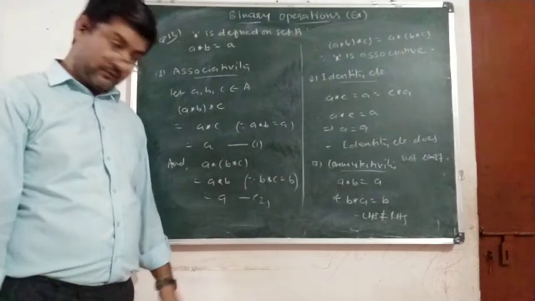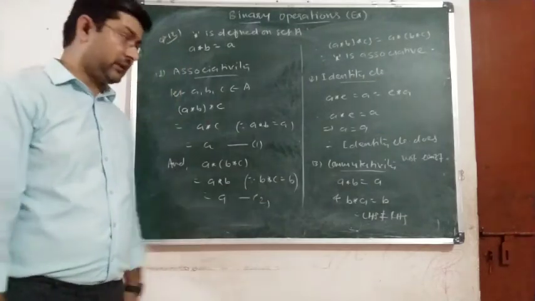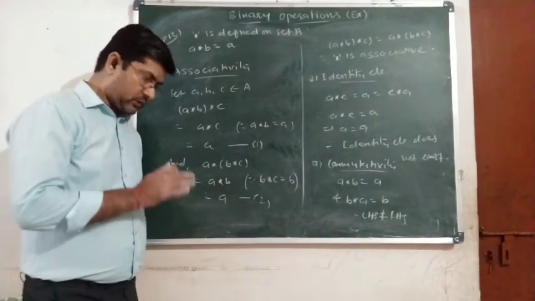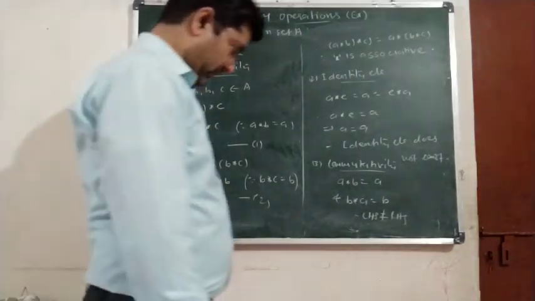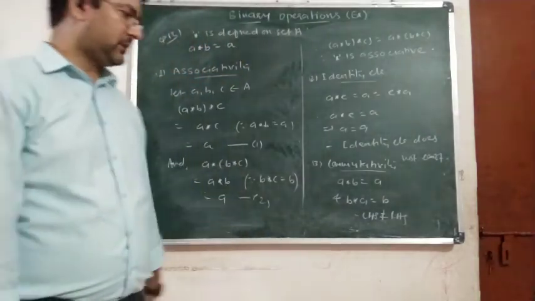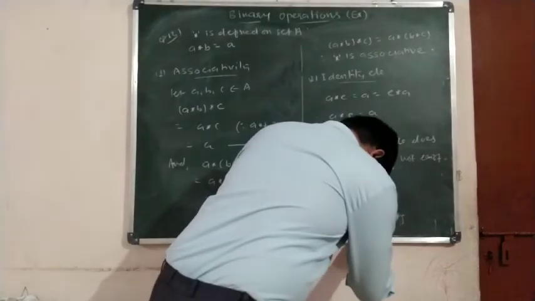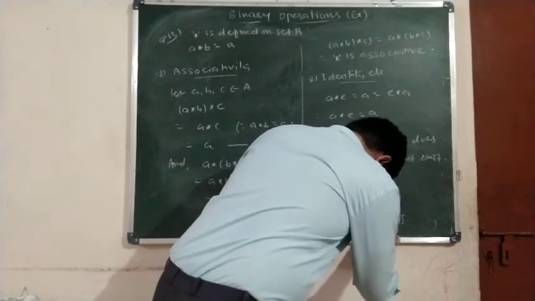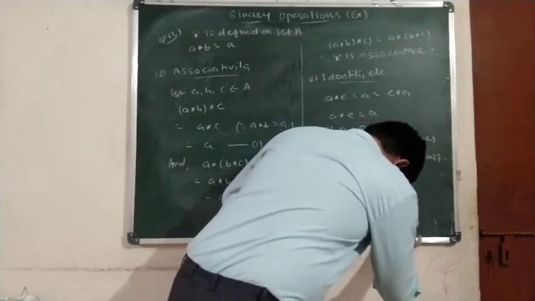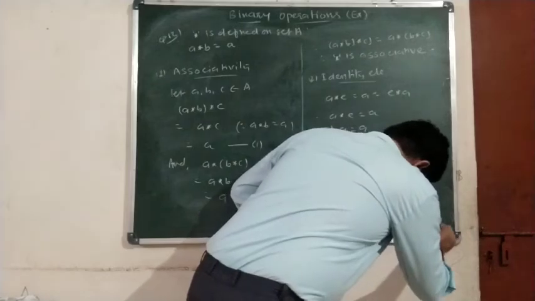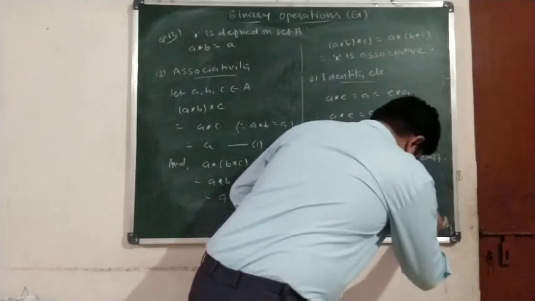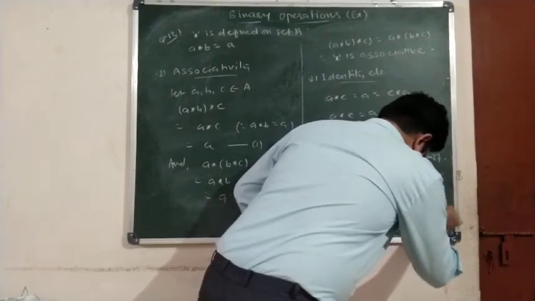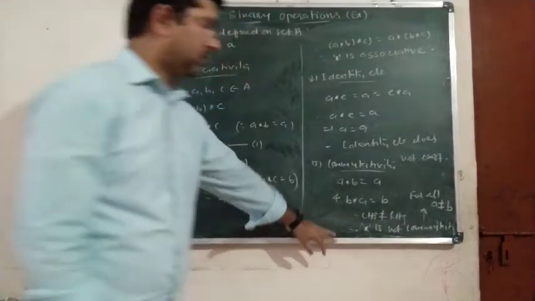Because if A and B are equal, then for that particular case the commutativity will hold, but not for all the elements. For unequal elements it does not hold, and therefore this given operation is not commutative for all A not equal to B. Okay, you must mention this.